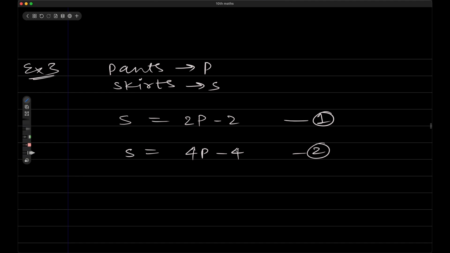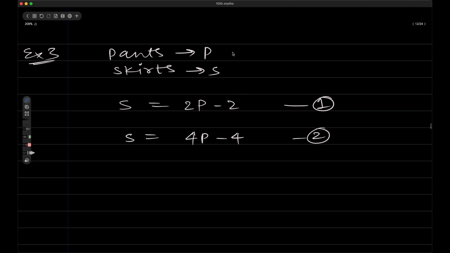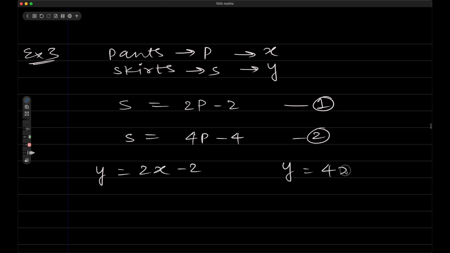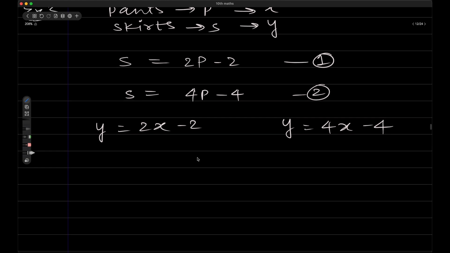Now to represent this on the graph, let us replace P with the x-axis and S with the y-axis. So the two equations, S replaced by y, are y equals 2x minus 2, and y equals 4x minus 4.